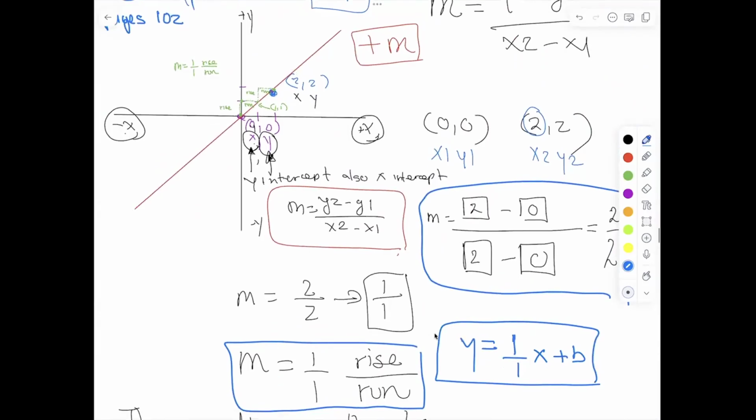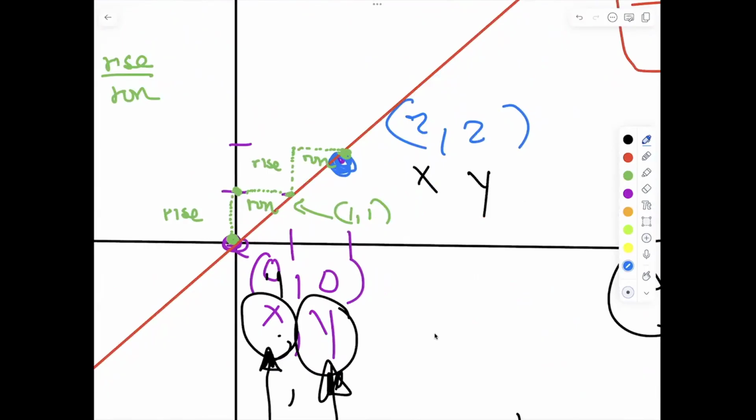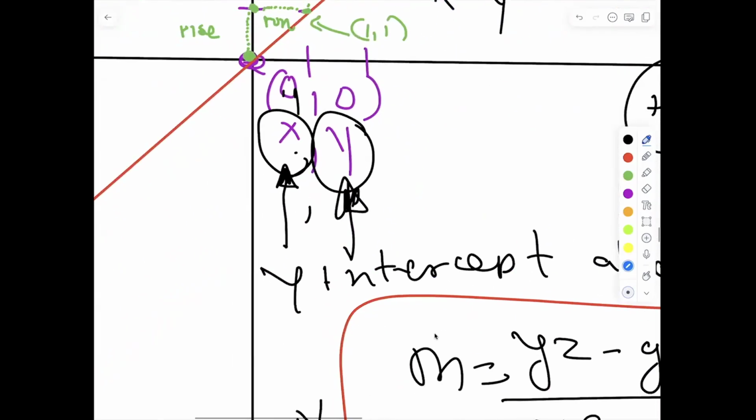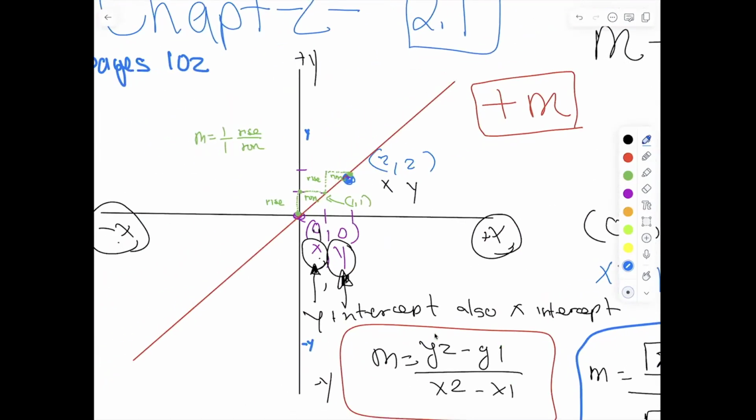Now, what do you think the y-intercept is if you look at this line? What is that point that touches the y-axis? So this is the y-axis. So it's positive y, and this is negative y, and this is negative x, and that's positive x.